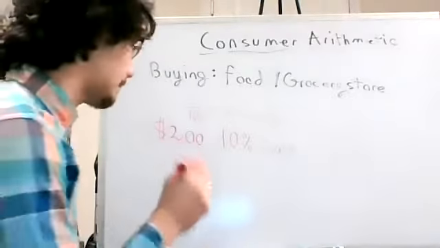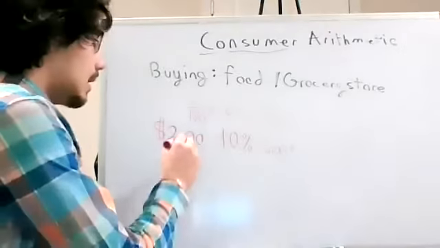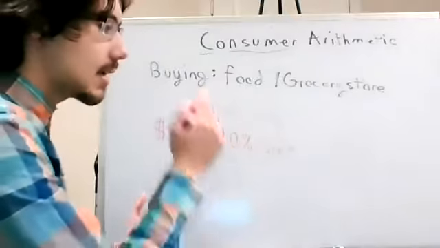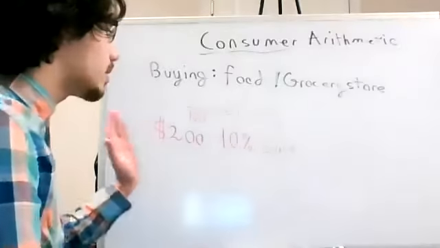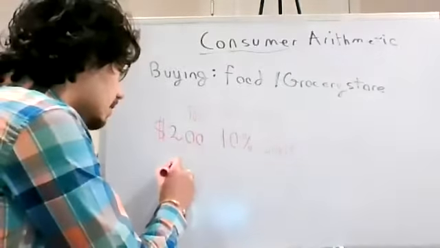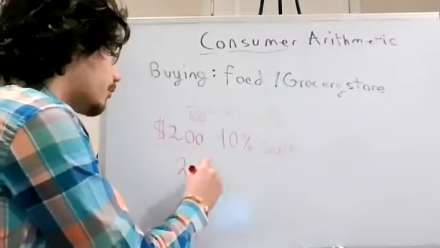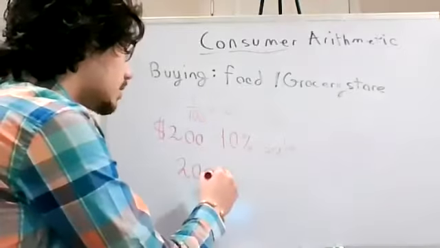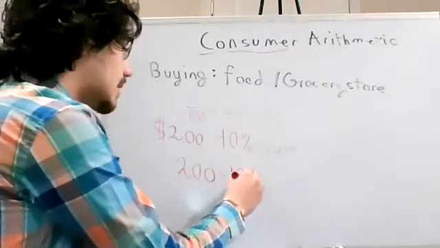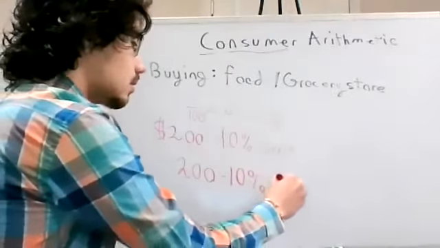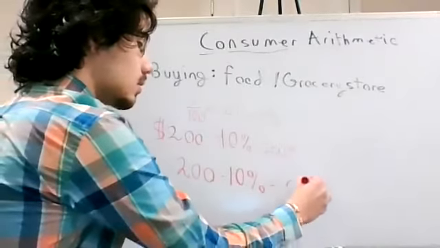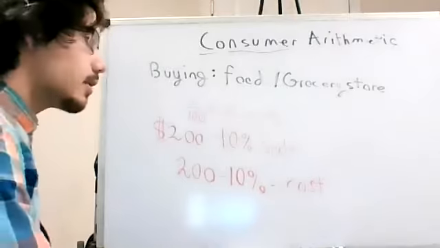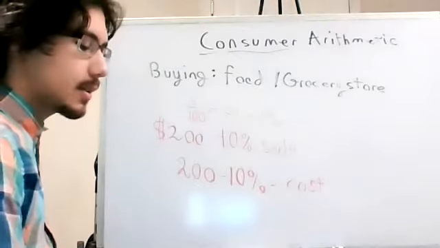Yes, sir. Okay. So to find the price the milk would cost, it would be 200 minus 10%. Or sorry, you can just find 10% of 200. So what's 10% of 200?